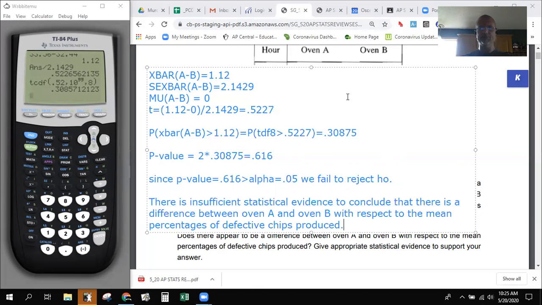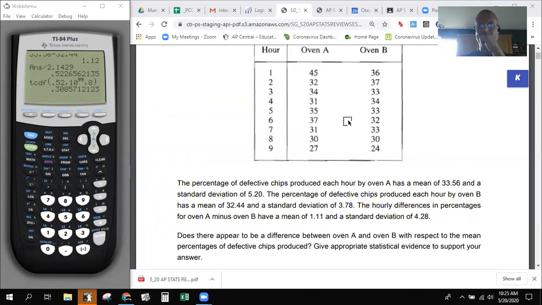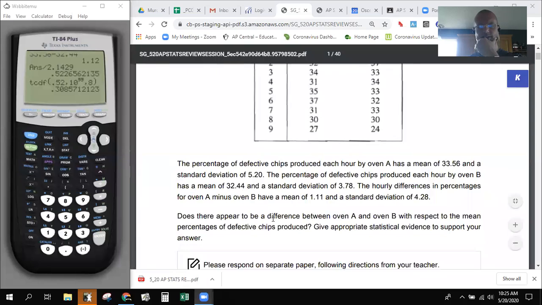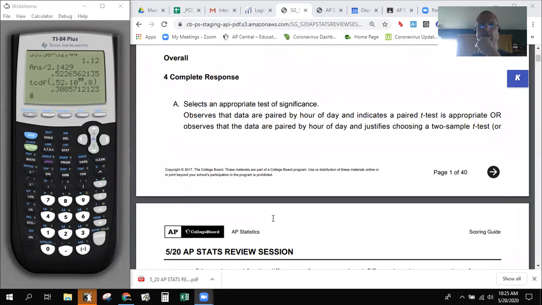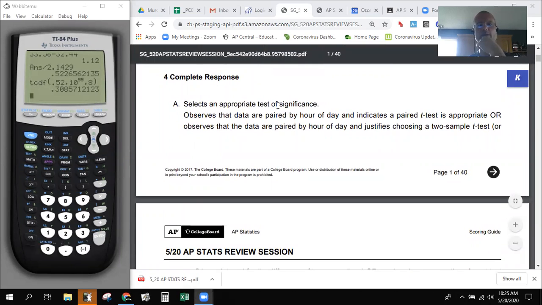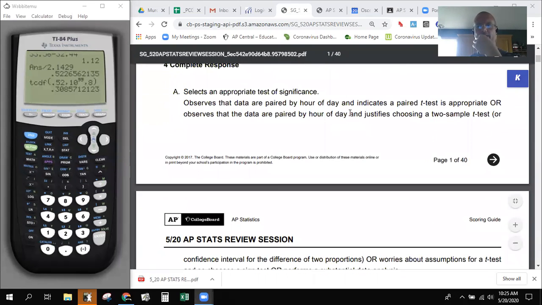Let's see how we did. Now, you're going to see here that the solution, a complete response, selects an appropriate statistical test. One way you could do is say paired t-test, which we just chose not to do, or we could do a 2-sample t-test.